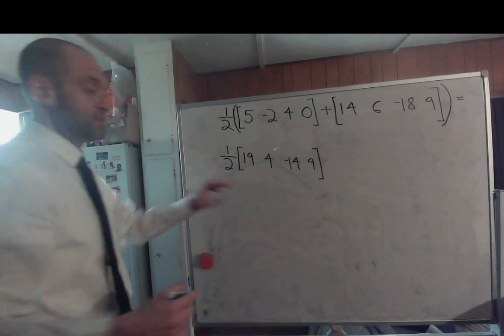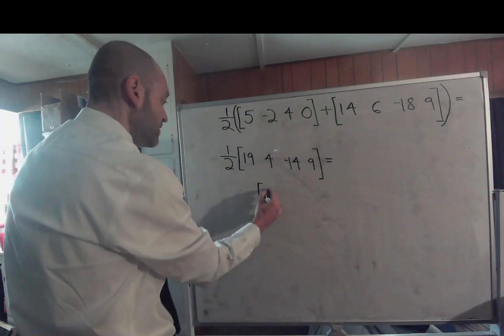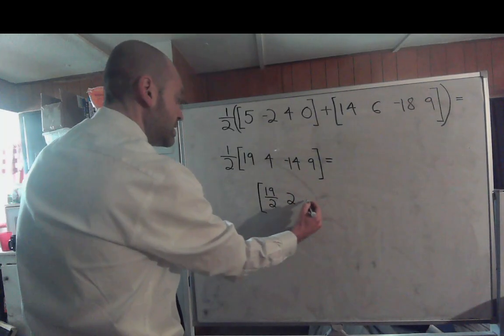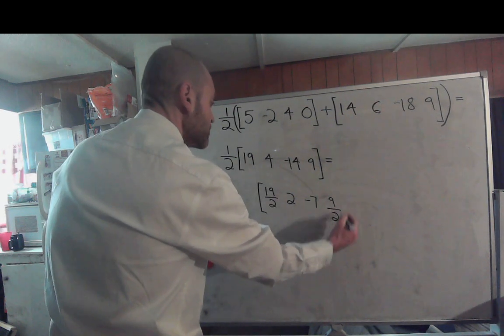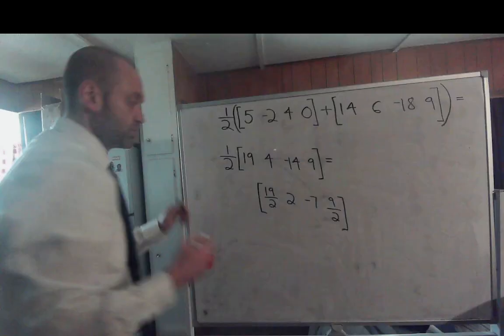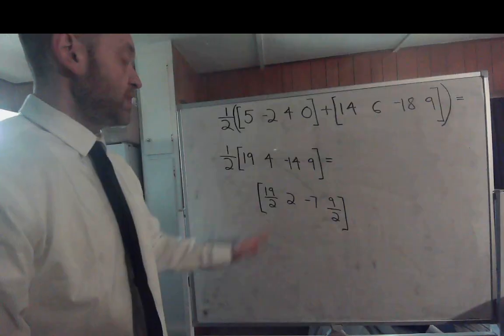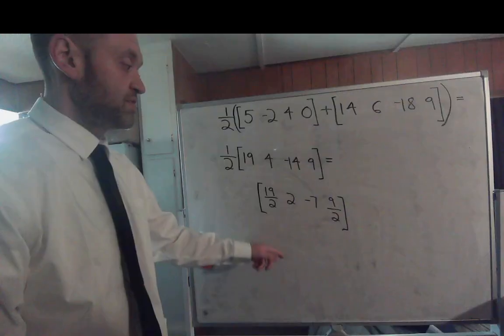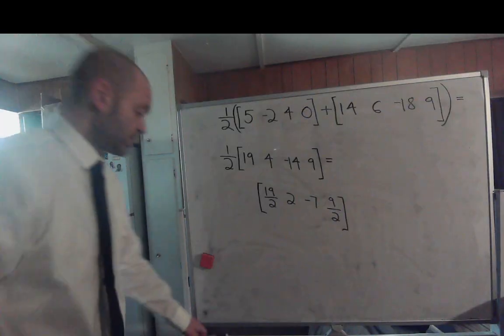All we have to do is the scalar multiplication, which should end up giving you 19 halves, 2, -7, and 9 halves. And yes, you can have fractions and decimals in a matrix. You will sometimes have that. So your final result should be a 1 by 4 matrix of 19 halves, 2, -7, and 9 halves.